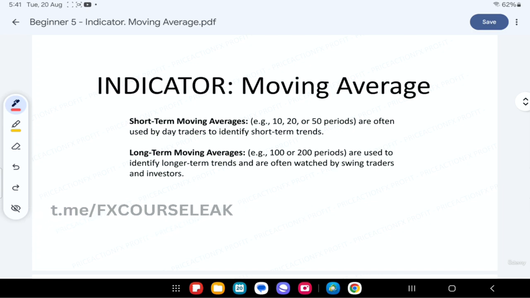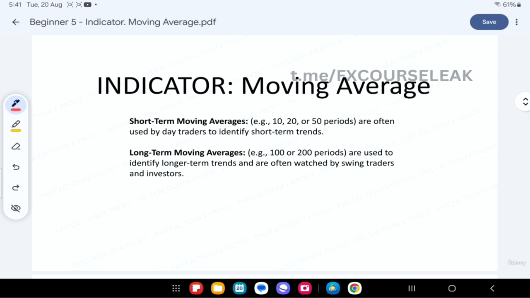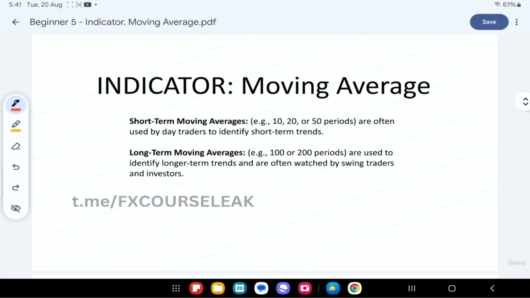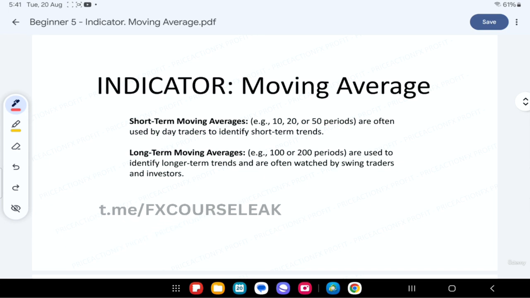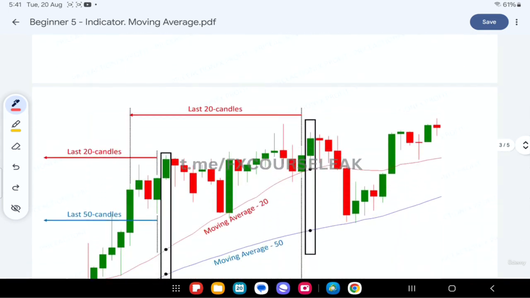For long-term usage, traders usually use a higher period, which is the 100 or 200 moving average, for a long-term trend. I'm pretty sure you're wondering what 20, 50 and 100 mean. Let's move on to the next slides.